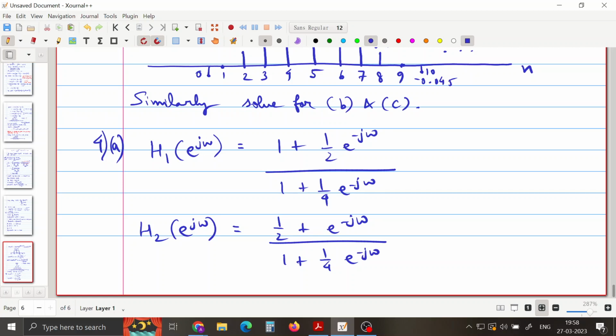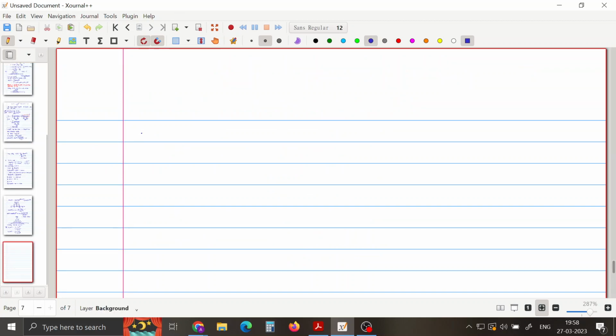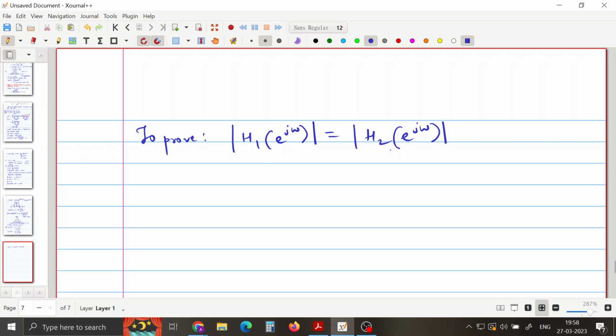Right, so we first need to prove that they have the same magnitude. Proof. You can individually compute their magnitudes and then equate them and actually verify that indeed they are equal.